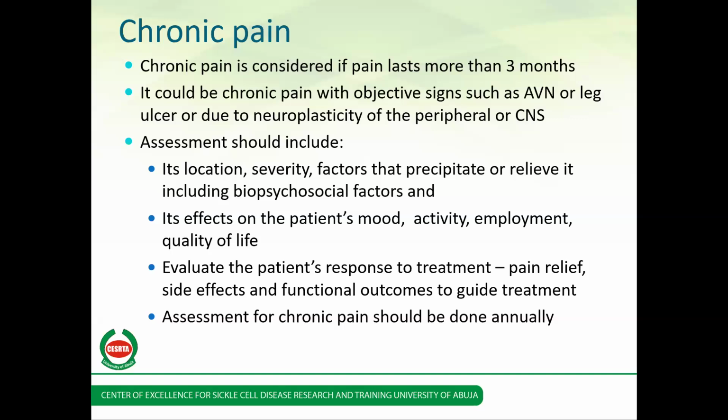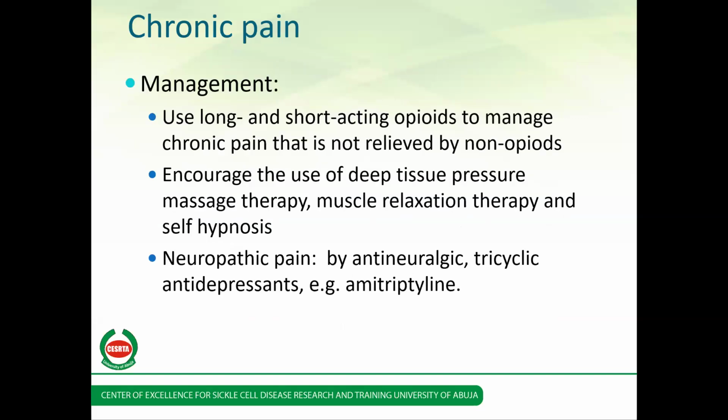Evaluate the patient's response to treatment, pain relief, the side effects, and functional outcomes to guide treatment. Assessment for chronic pain should be done annually. There are special tools that are used for assessing chronic pain.